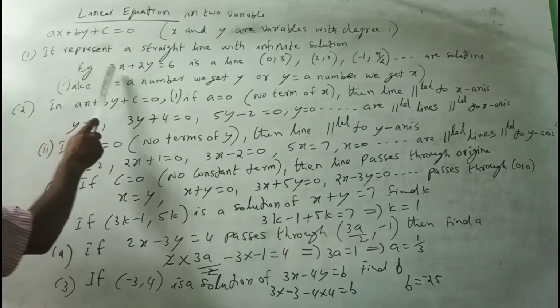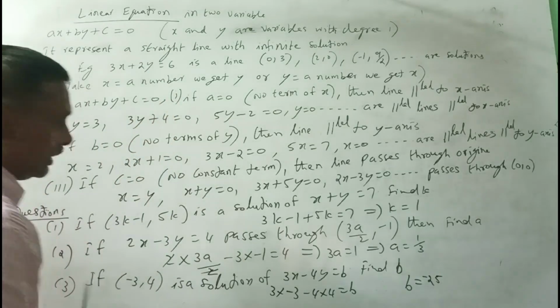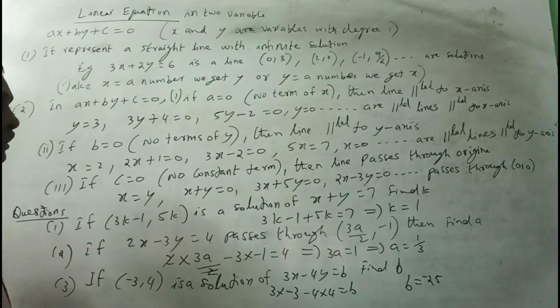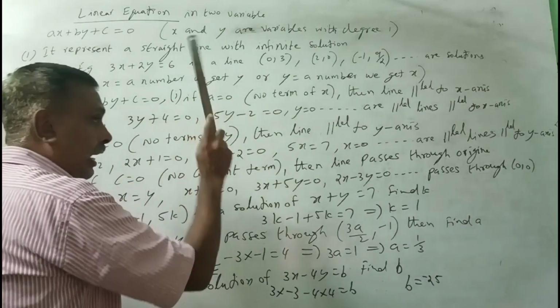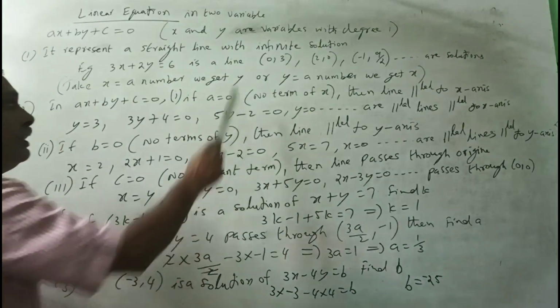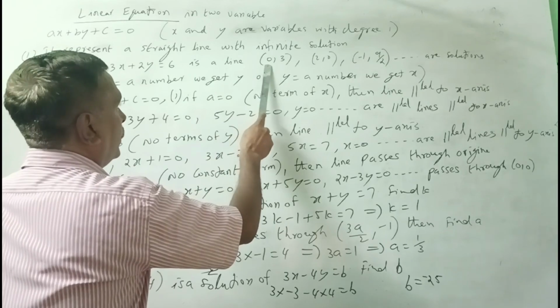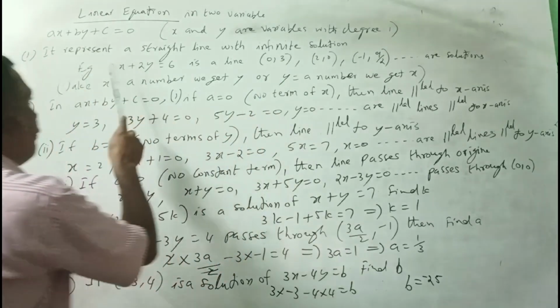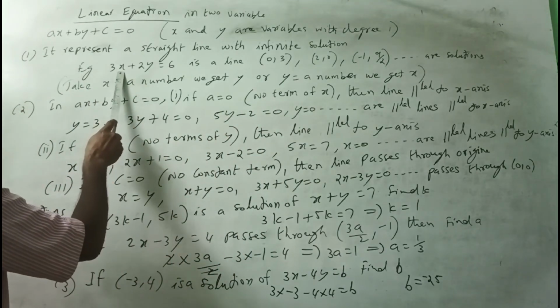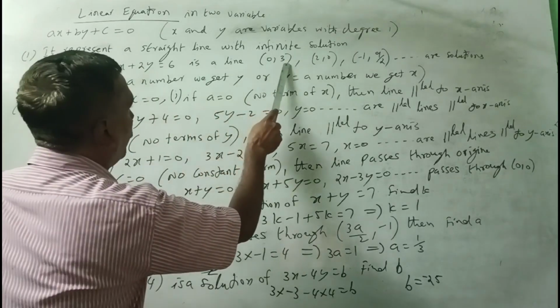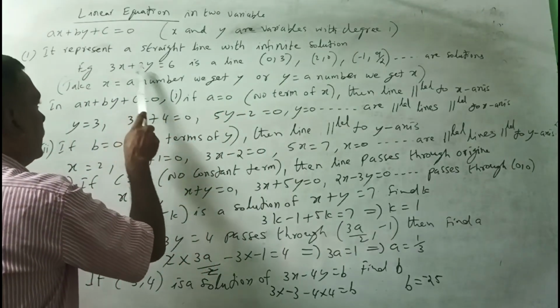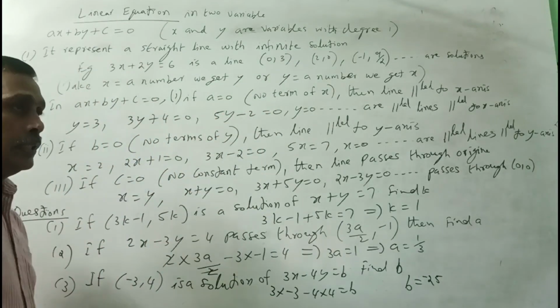For example, 3x plus 2y is equal to 6 is a straight line in which (0, 3) is a solution, meaning x value is 0 and y value is 3. If you put it here, 3 into 0 is 0, plus 2 into 3 is 6. So LHS is 6, RHS also 6.